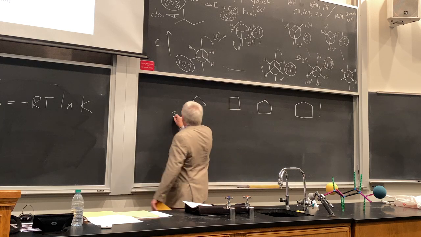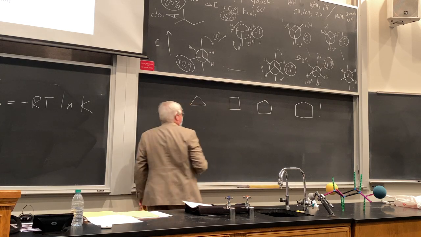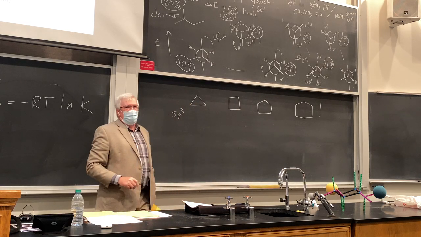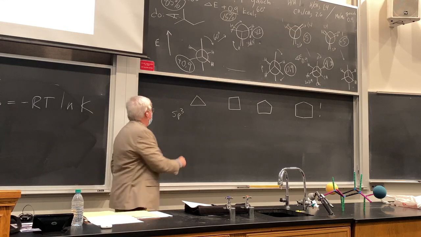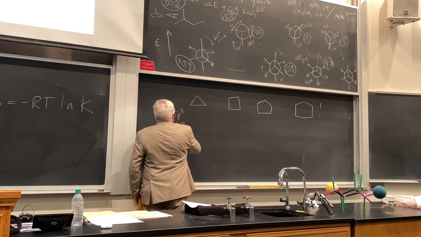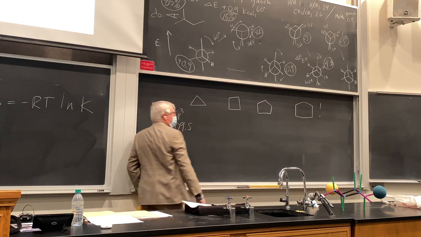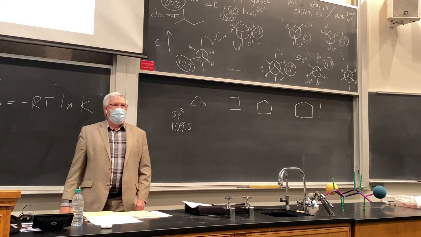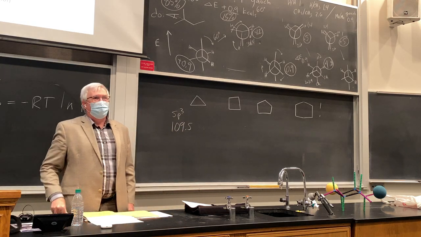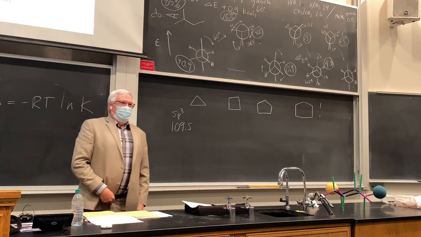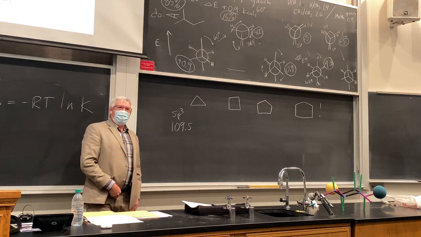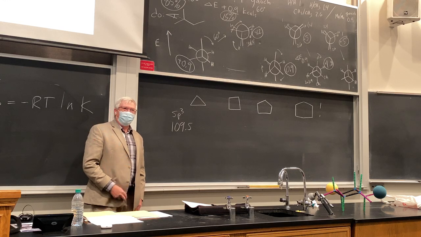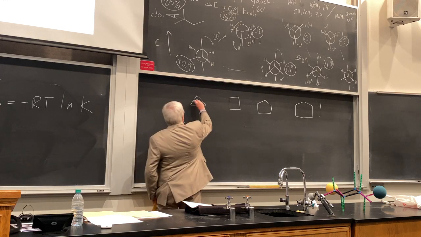These are sp3 hybridized. So what bond angle do they want to have there? They want to have 109.5, right? But let's see, cyclopropane, what's that internal angle? Let's see if you remember a little geometry there. What's that internal angle of a regular triangle like that? 60 degrees, right?